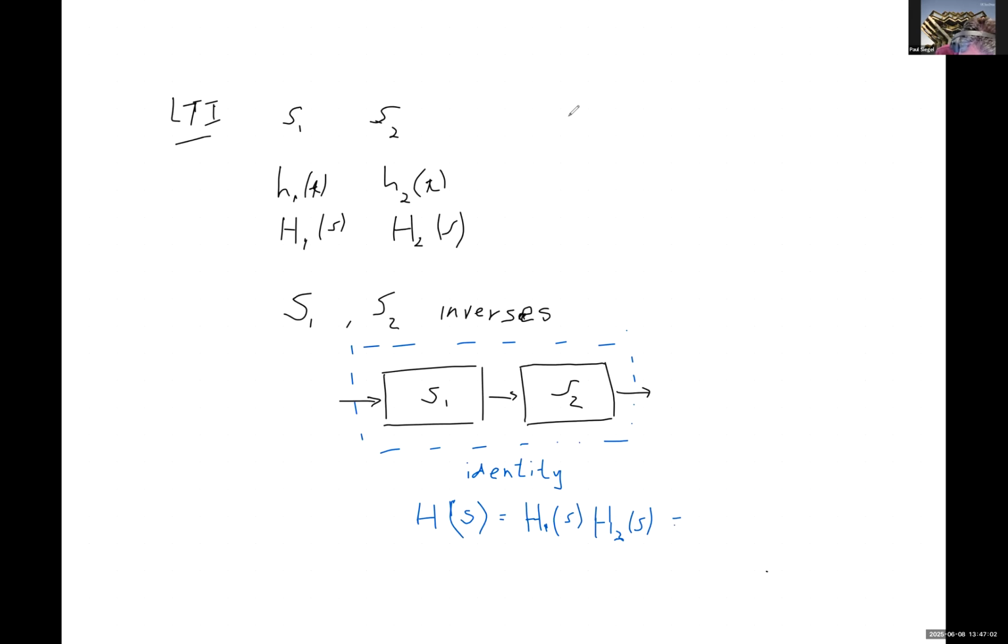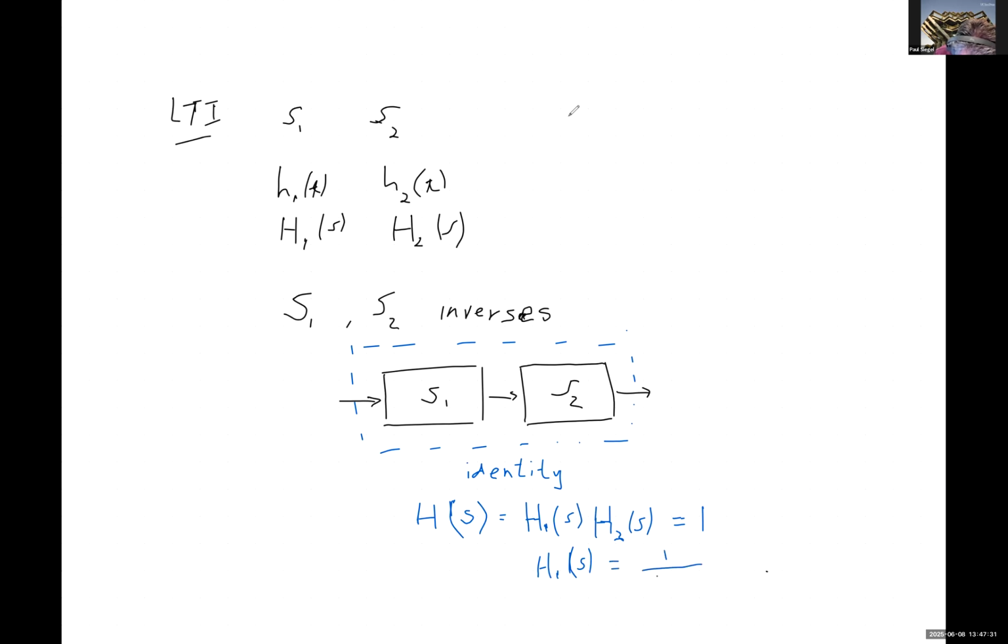So if you look at this, you could say that H1 of s is equal to 1 over H2 of s.